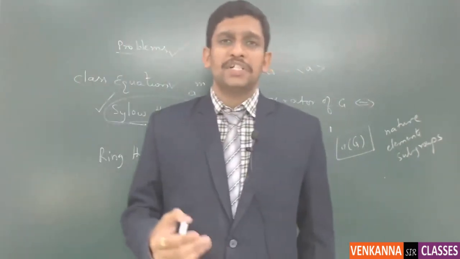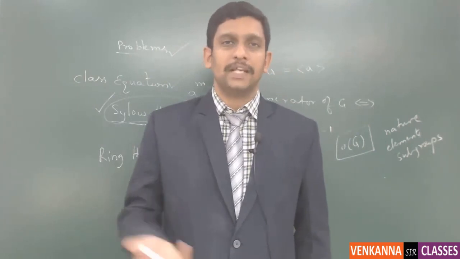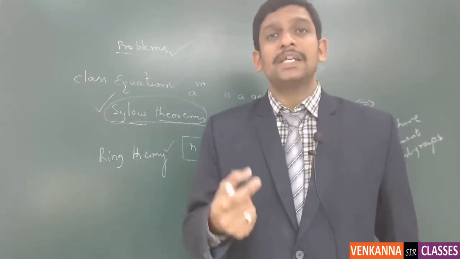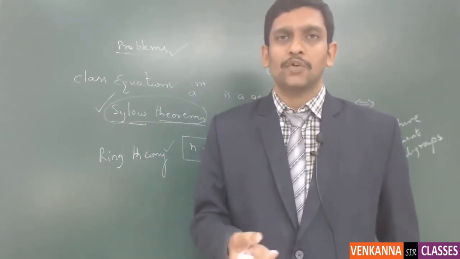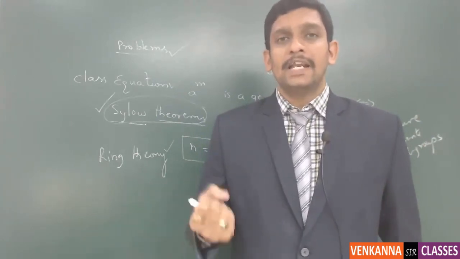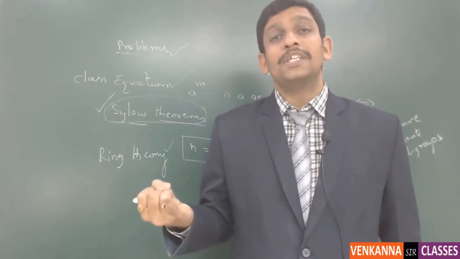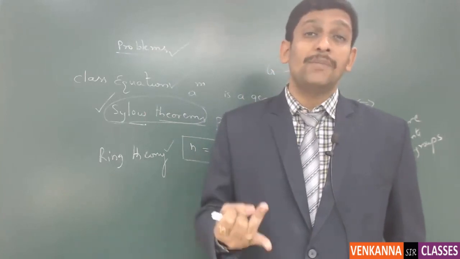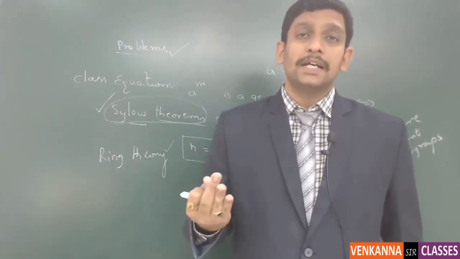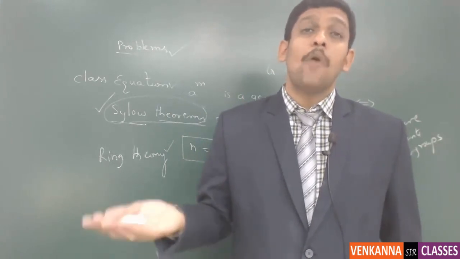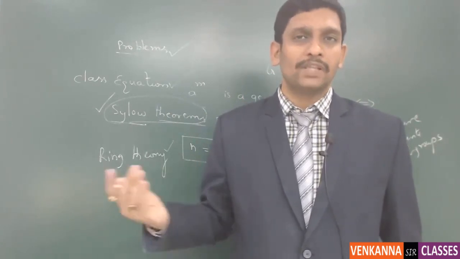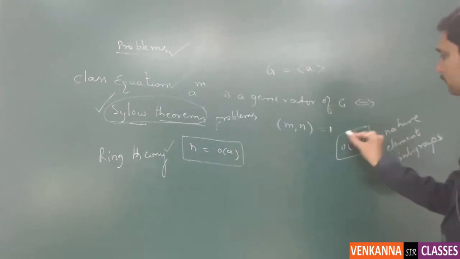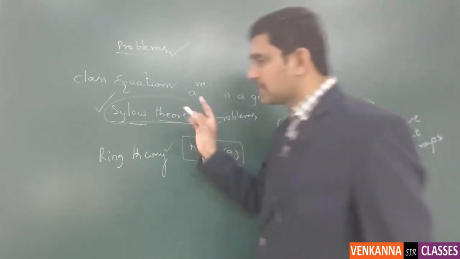Suppose I have mentioned that the order of a group is 30, then immediately, without knowing what the elements in that group are and what the operation is, you can say whether it is an abelian group or not, how many subgroups we can find, what could be the possible orders of the elements, whether it is a cyclic group or not, and how many normal subgroups you are going to calculate for that group G, by simply knowing the order of the group. So that is the advantage of Sylow theorems.